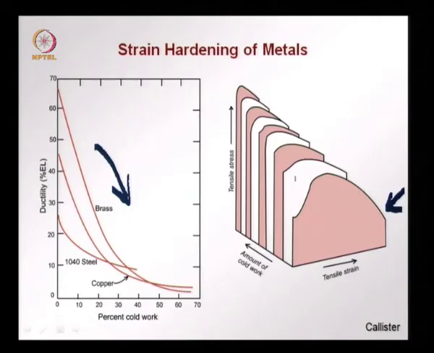This is a cold work material where a certain amount of cold work has been done, and now when this cold work material is loaded, it has an elastic response, yielding, and it continues with the previous stress strain diagram.